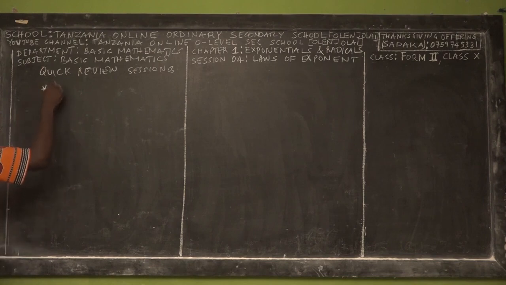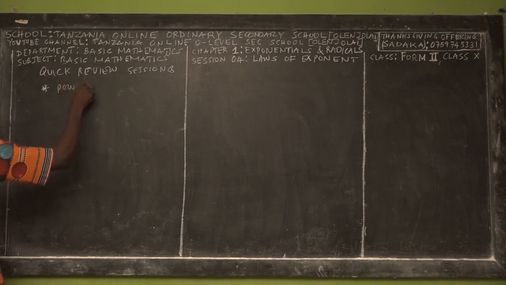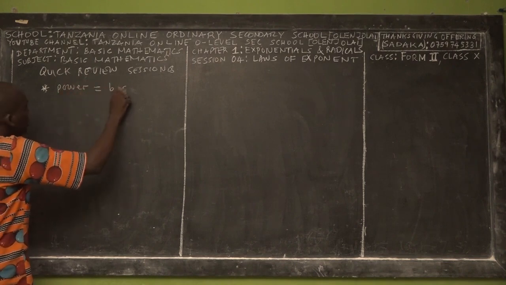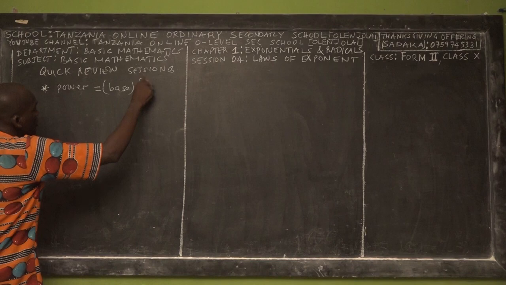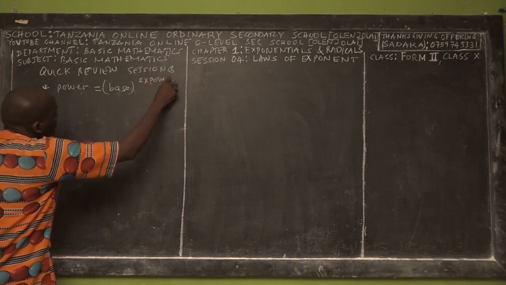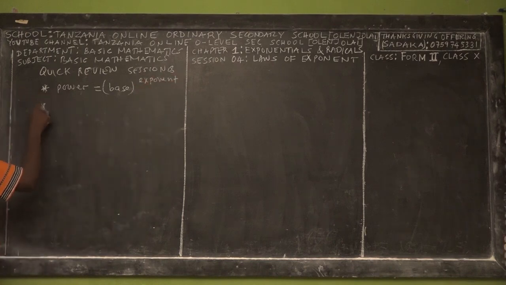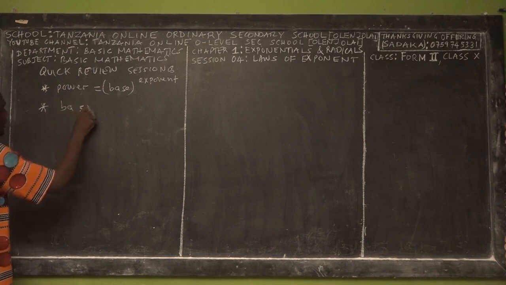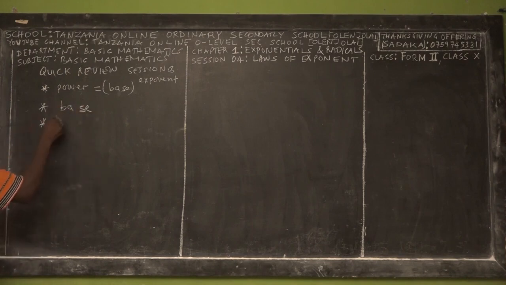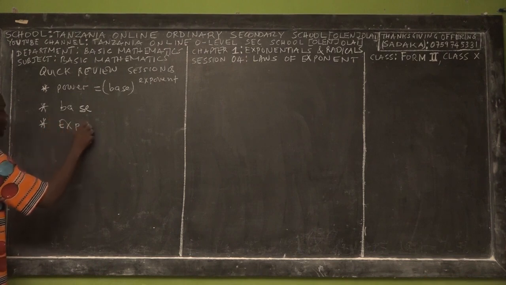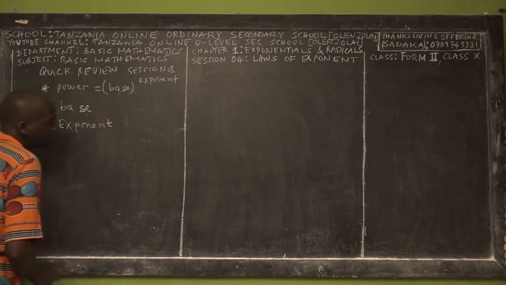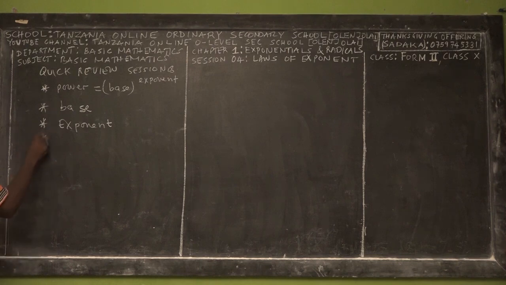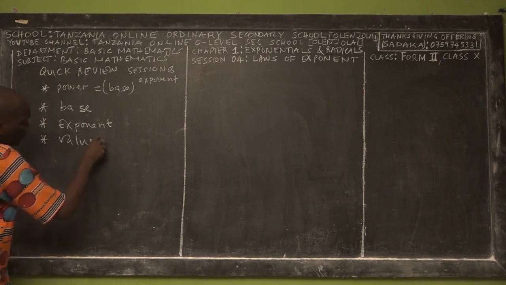The first is power: a base raised with an exponent. We taught you how to identify the base when given an exponent, how to find the exponent, and how to find the value of a particular exponentiation.